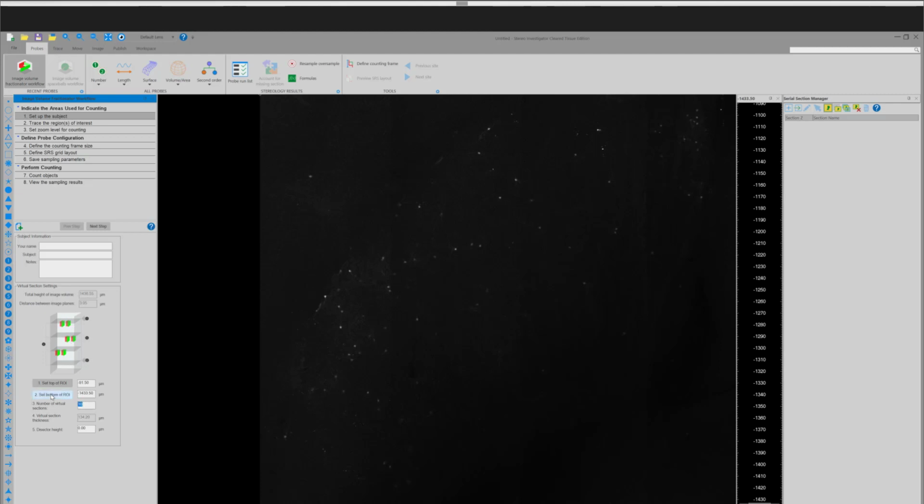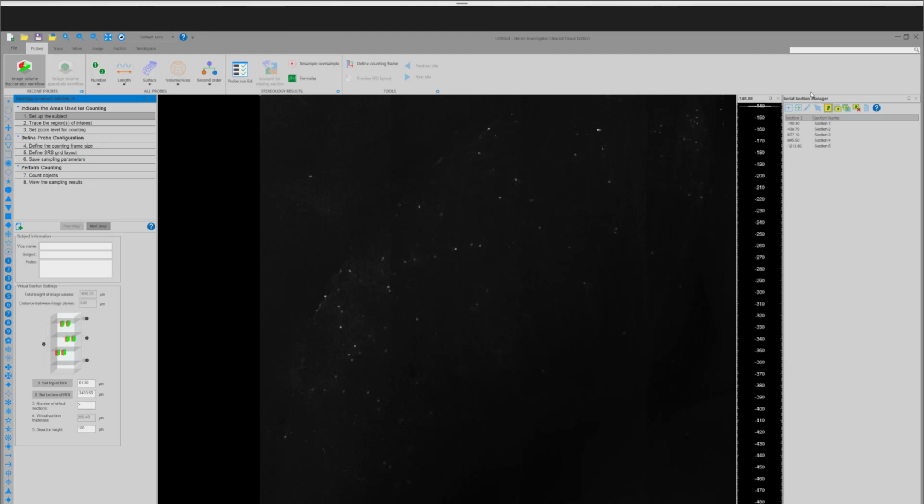If I made 5 virtual sections, it's going to take this distance from the top to the bottom and break it up into 5 virtual sections, and those happen to be 286 microns. So I'm going to have 5 virtual sections, 268 microns tall. I'm going to make a dissector height of 100 microns, and then click Next Step.